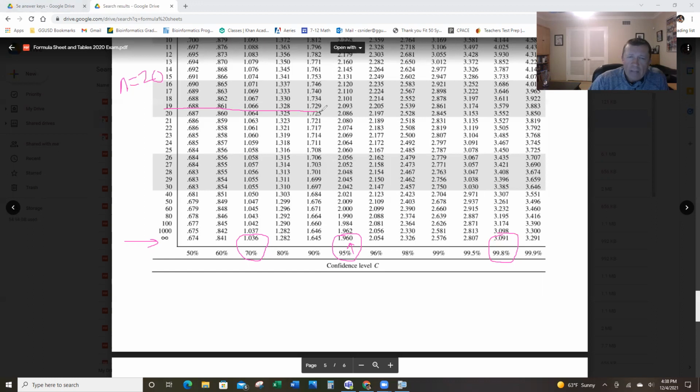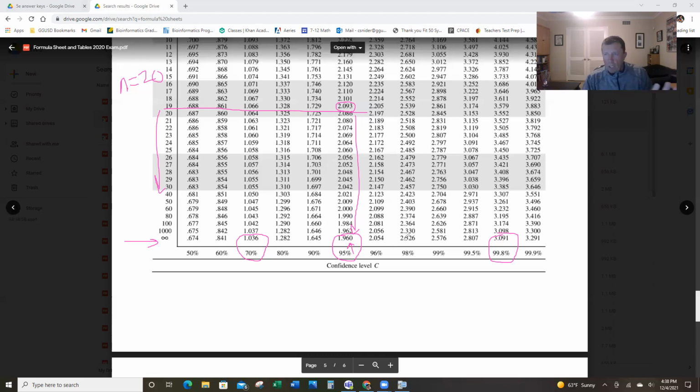And if we want 95% confidence for 20 samples, that critical value is actually 2.093. As you increase your sample size, these critical values will decrease until they reach a limit of the z distribution, which is 1.96.